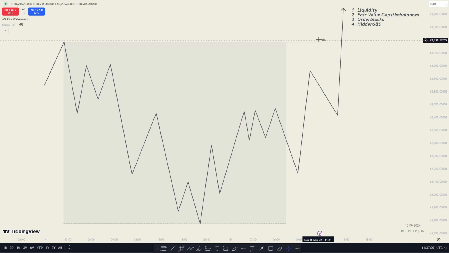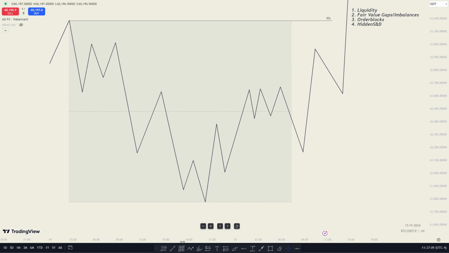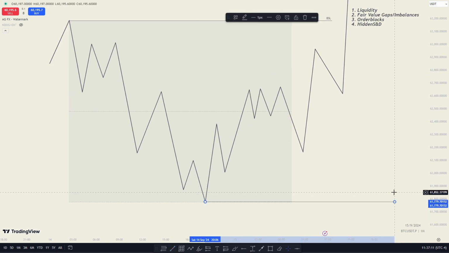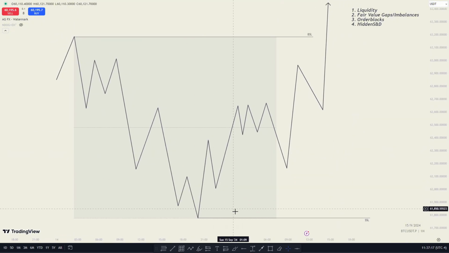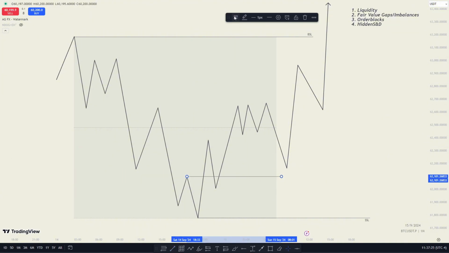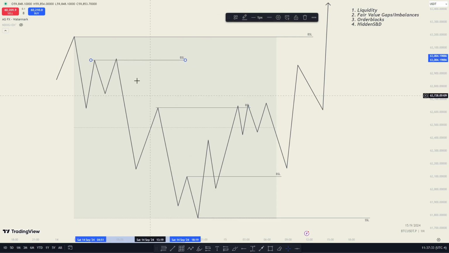BSL stands for buy side liquidity, and SSL stands for sell side liquidity. So I think it's obvious that these are external lows. Now this is buy side liquidity here, here, and here. I think it's obvious that this is all internal liquidity.